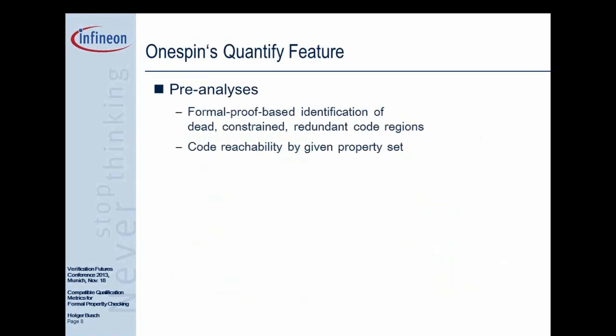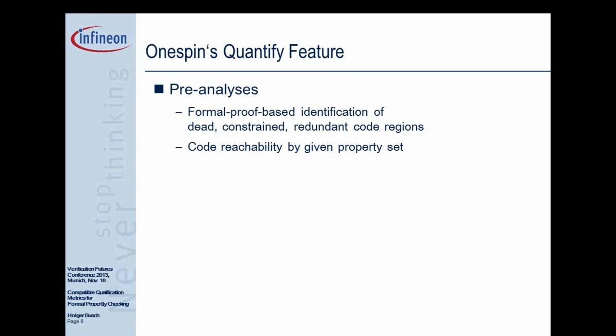The Quantify feature from Onespin first does some pre-analyses. There's some identification of dead code, which is very helpful because this has to be covered, and also constrained code. If all the properties have some global environment constraints on the module under test, then some of the code which has been implemented will never be used.